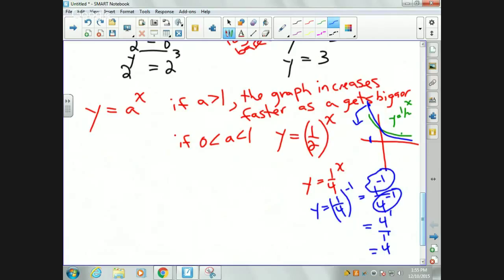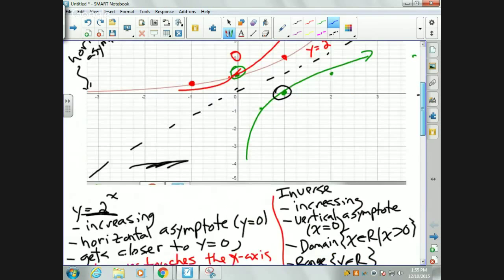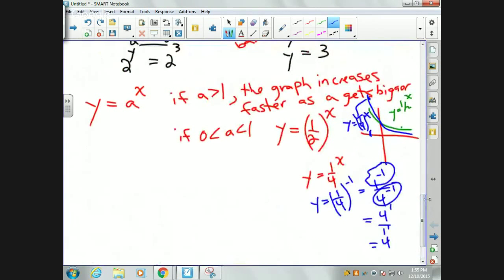And this blue one here is y equals (1/4)^x. Whoa. So it's steeper over here, and you get this. It's the same sort of thing that we saw with the other one.